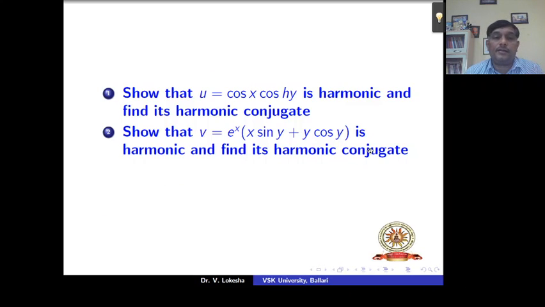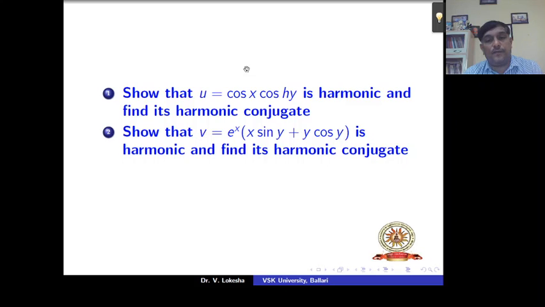Now these are the two exercises. You can work them out yourself and get the solution for these problems. Show that u = cos x cosh y is harmonic, and find its harmonic conjugate. Show that the imaginary part v = e^x (x sin y + y cos y) is harmonic, and find its harmonic conjugate.